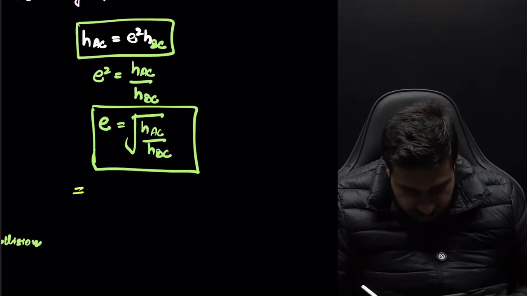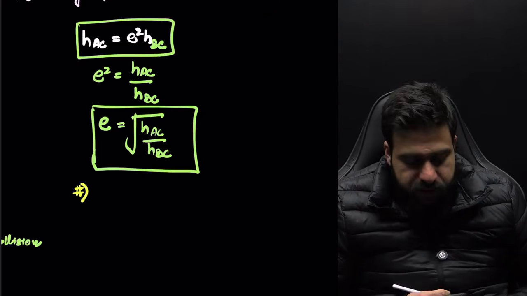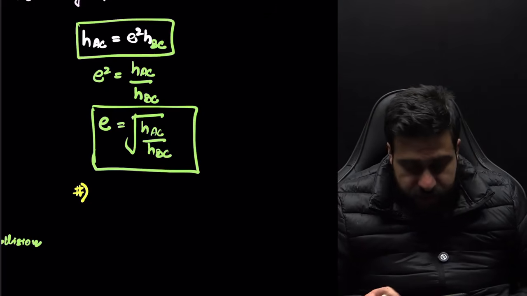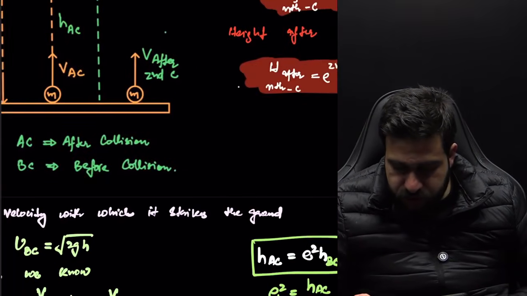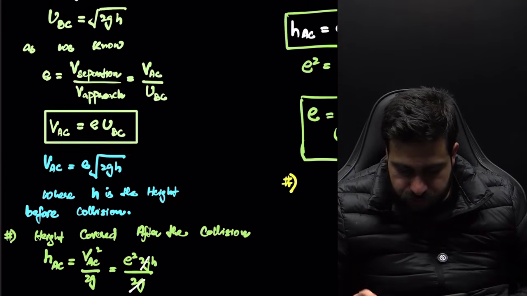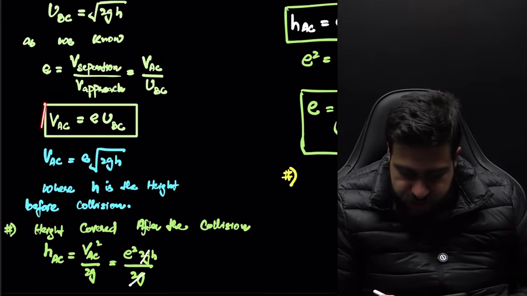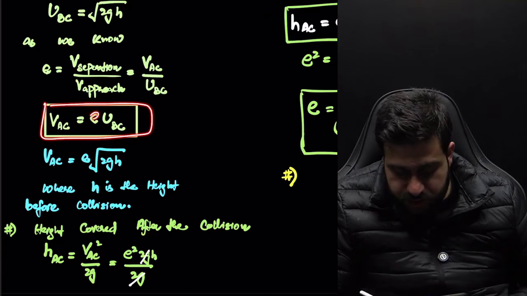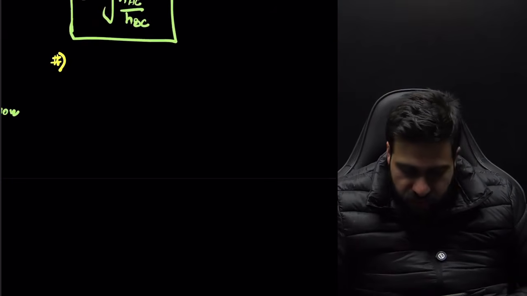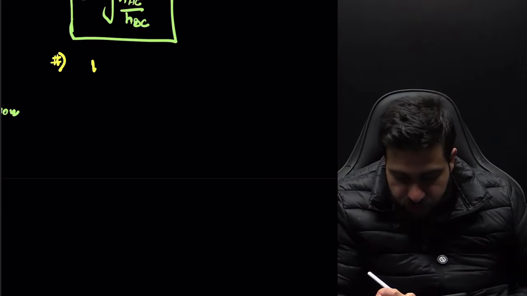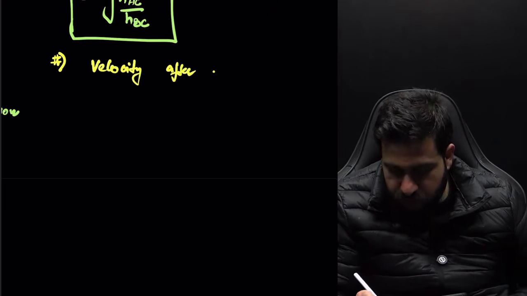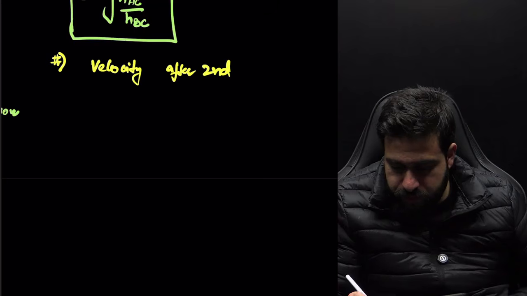Now guys, take a look. What is the velocity after the first collision? It is E raised power 1 UBC. And what is the velocity after the second collision?